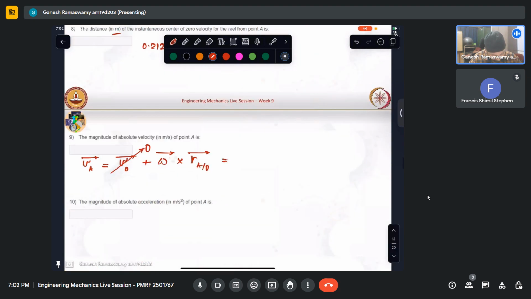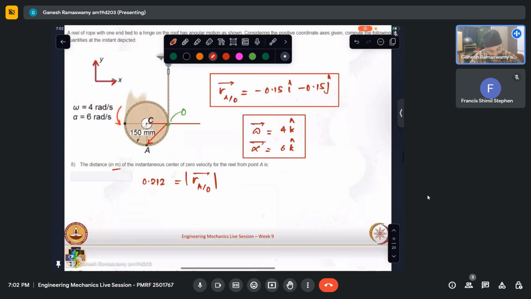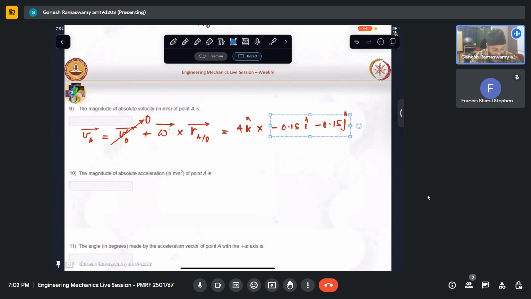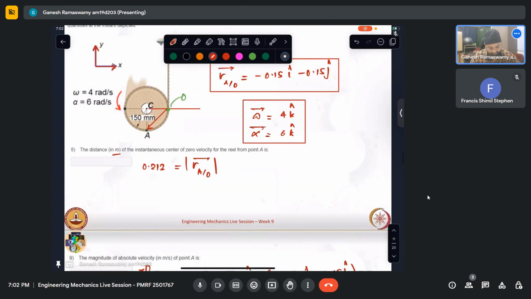So this is 4 k cap crossed with this vector. Since the magnitude is asked, I may as well skip this and simply multiply it. But for the sake of habit building, because we have to do the same for acceleration also, I want to go this way. So I hope you can bear with me. It is 0 plus 0.6 i minus 0.6 j. Does that make sense?